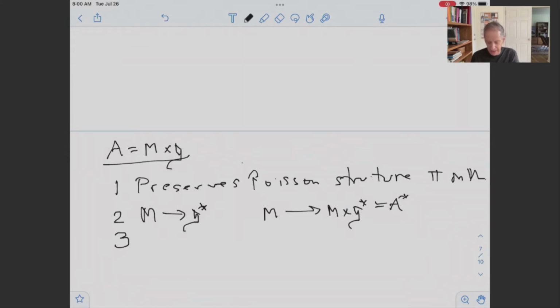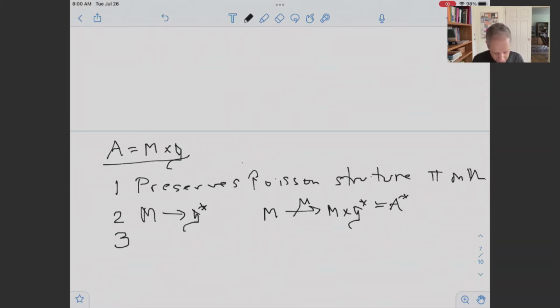So a candidate for a momentum section, mu, we'll think of as a section of A star. And then the condition is the usual one, that if we take the components of mu, their Hamiltonian vector fields define the action, they correspond to the given action of the Lie algebra G.